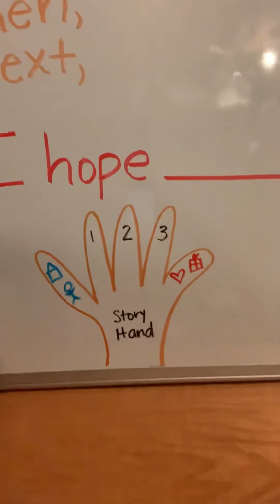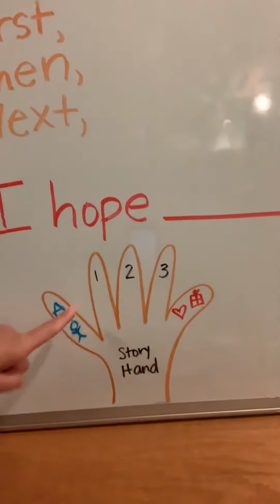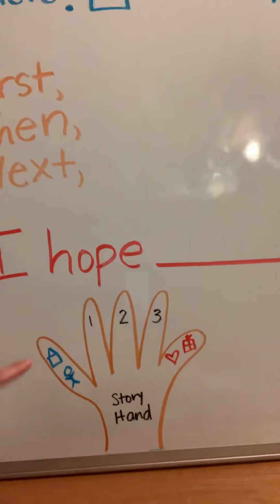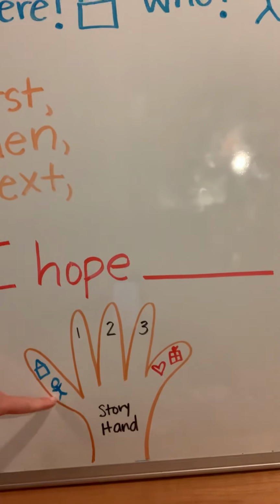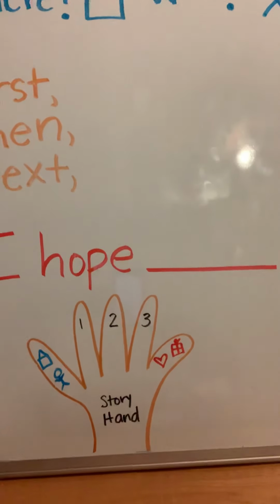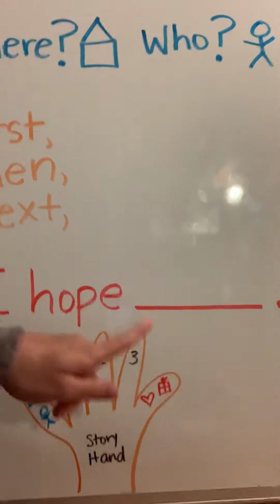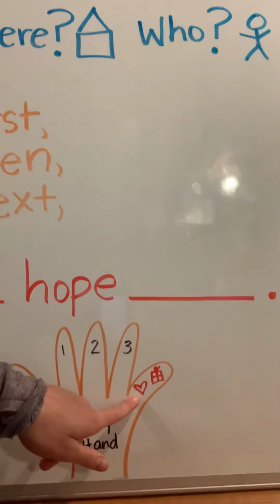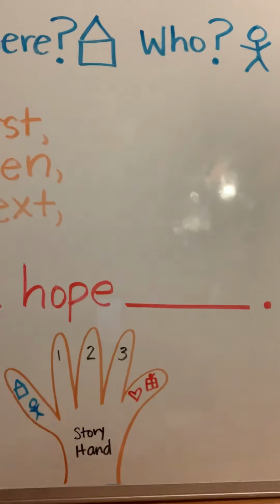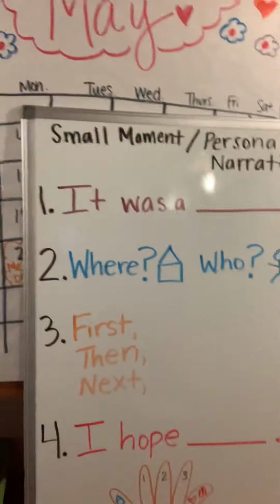And those of you that were writing small moments, you might remember our story hand for planning. So who is in the story is the beginning, where it happens, it was, and then you get to the middle stuff, and then you wrap up the story with some feeling, and you end it. So let's take a look at that anchor chart again.